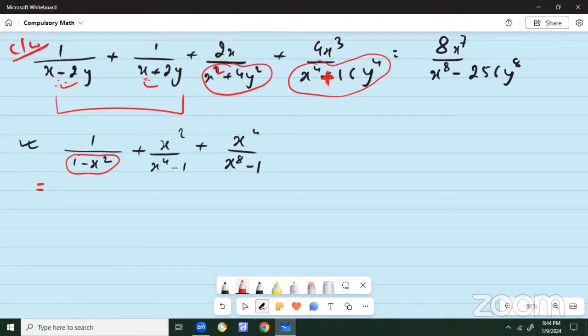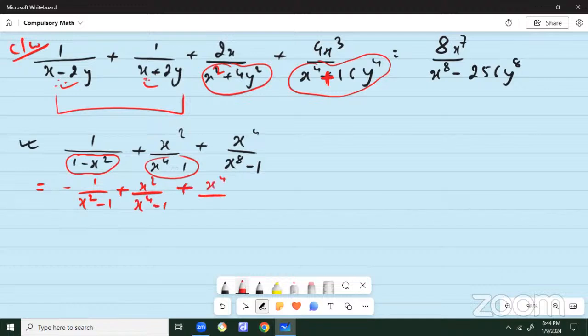Look here, it's 1 minus x square, but here it's x to the power 4 minus 1. So if we take negative common over here, it could be written like this. This would help us solve this problem easily, I guess.